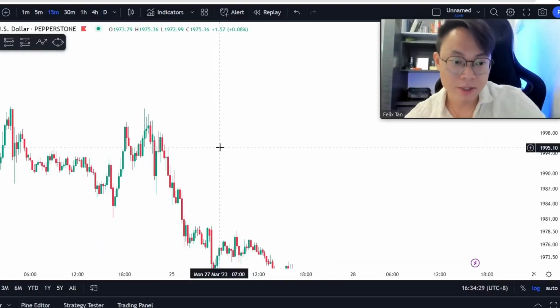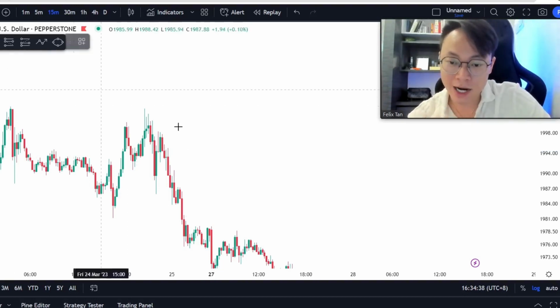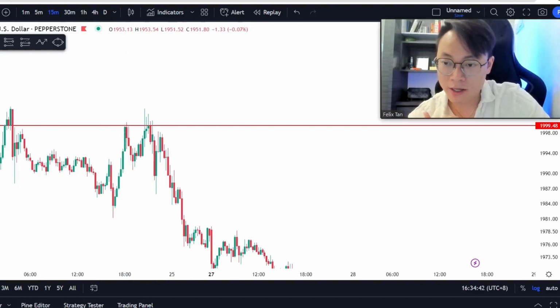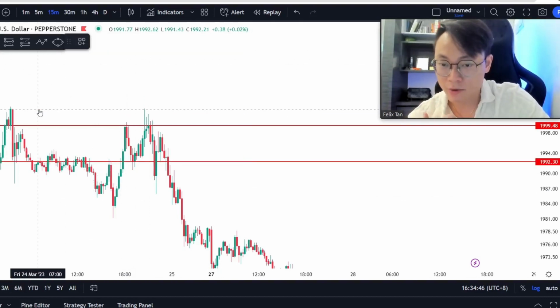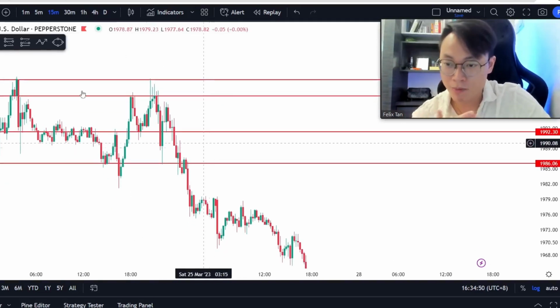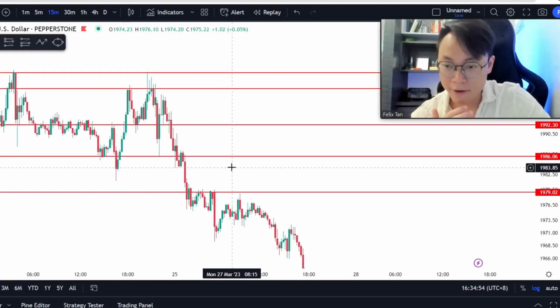But that's a common mistake for most traders when they try to mark support and resistance. When they try to mark key levels, they tend to mark anywhere they see a support, anywhere they see a resistance. They will mark every potential support and resistance they see on a smaller time frame.